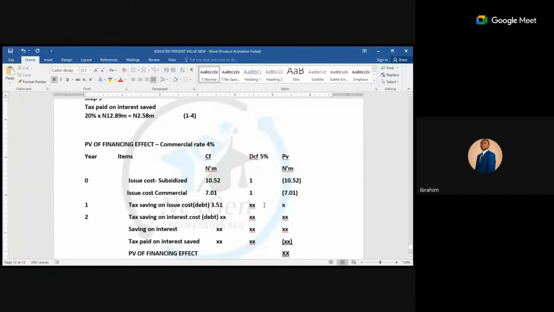So what is the DCF? Year 1, 5%. Sorry, it's 4%, not 5%. The commercial rate is 4%.